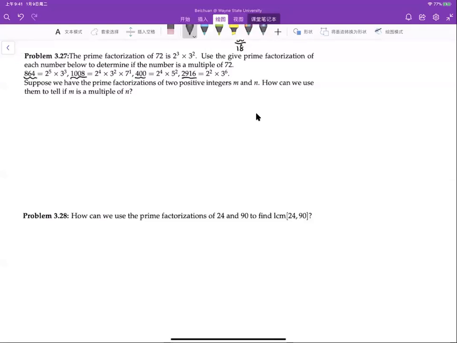So you see 72 equals 2 cubed times 3 squared. Then is this a part of 2 to the 5th times 3 cubed? Does this product contain everything of the prime factorization of 72? Yes, right? Because it has 2 cubed and also it has 3 squared. Right?